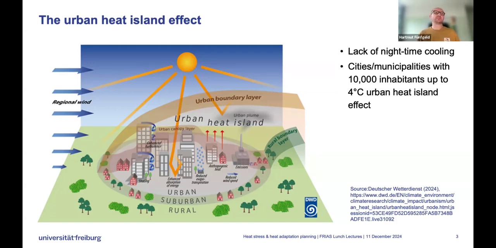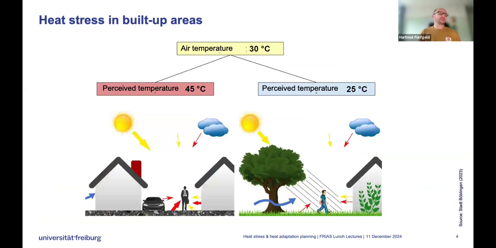But we know that even in smaller municipalities with around 10,000 inhabitants, there can be an urban heat island effect of 4 degrees. That means that the temperature in these towns is 4 degrees higher than in surrounding rural areas.